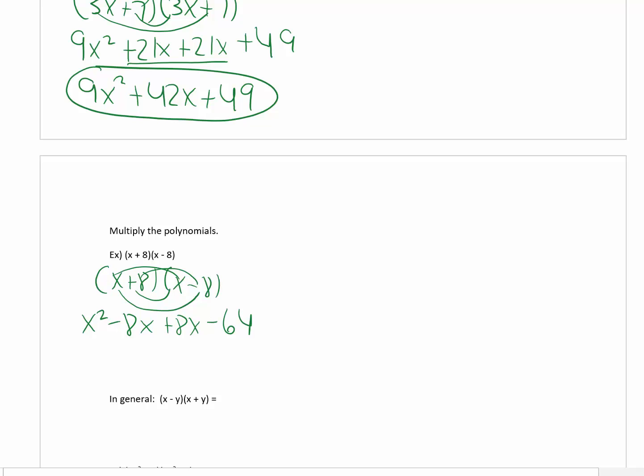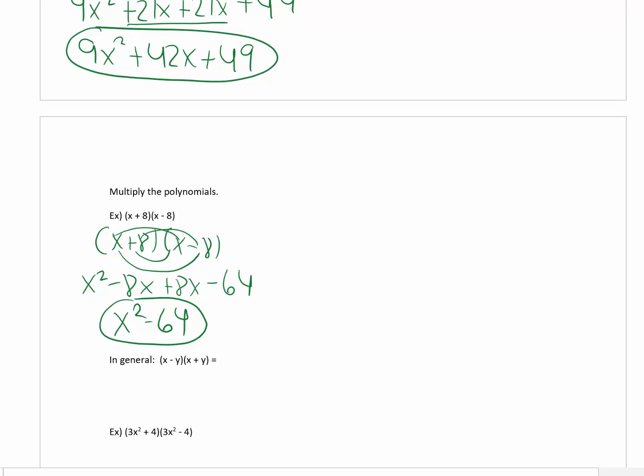Notice the outer and the inner terms, they subtract out, and I'm left with x squared minus 64. This is what is referred to as the product of a sum and a difference. So in general, when I have x minus y times x plus y, I end up having x squared minus y squared.